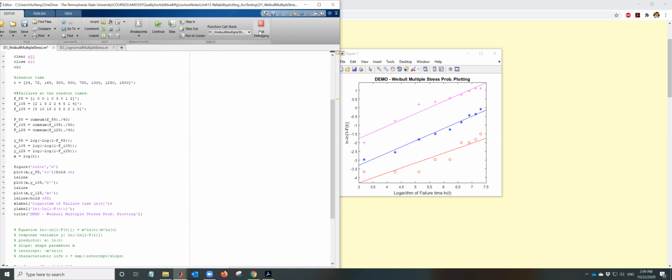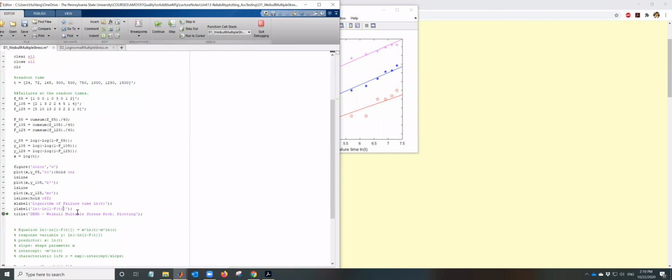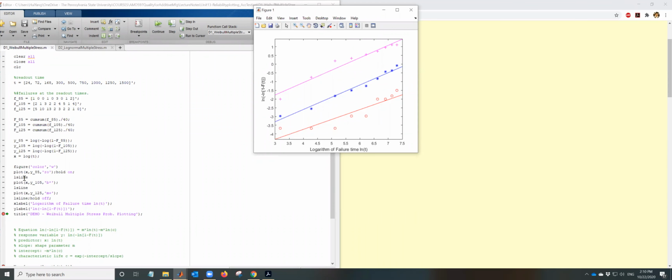Let's see. Quit debugging. Let's do it again. Yeah, now we have the parenthesis, log minus log 1 minus F(t). Okay. Oh, I didn't put it in the right location. It should be here. Let's debug it again.